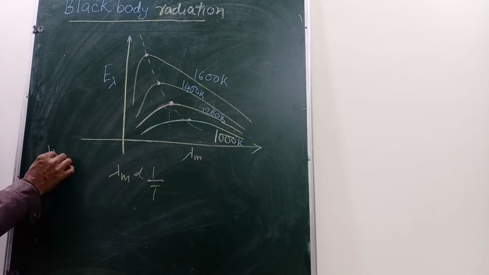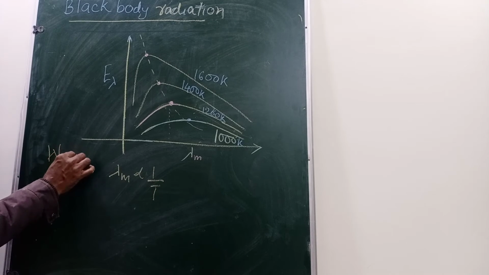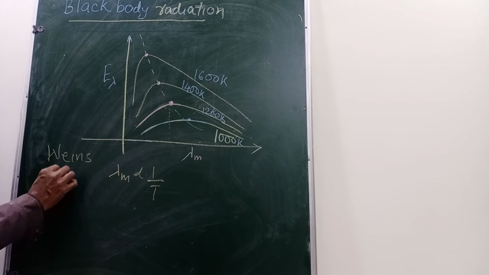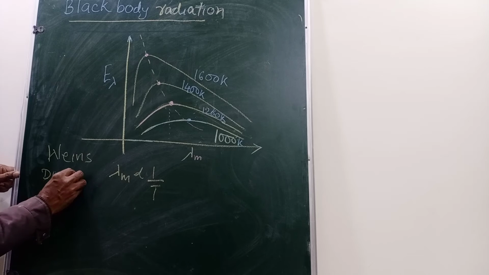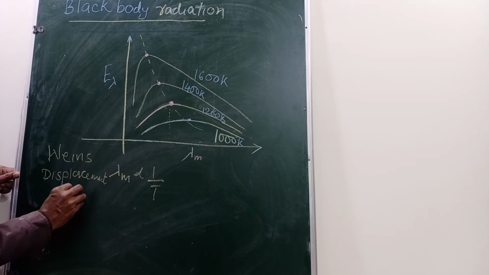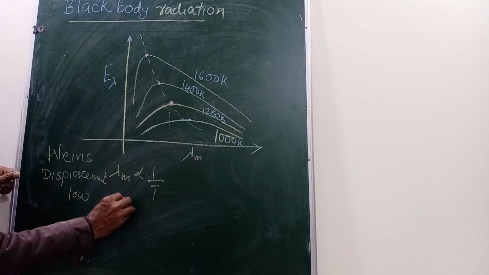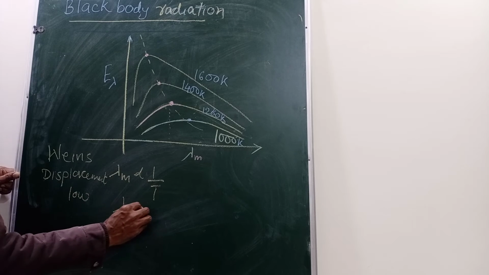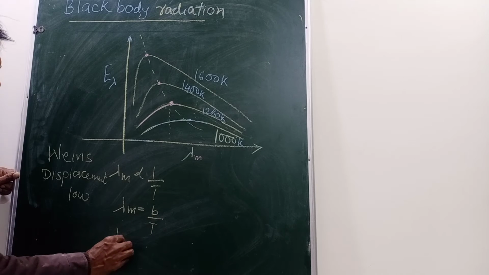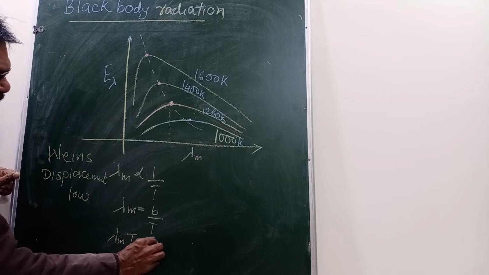And this is what we know as Wien's displacement law. Lambda m is inversely proportional to temperature. To remove the proportionality sign, take a constant b: lambda m into T equals b.